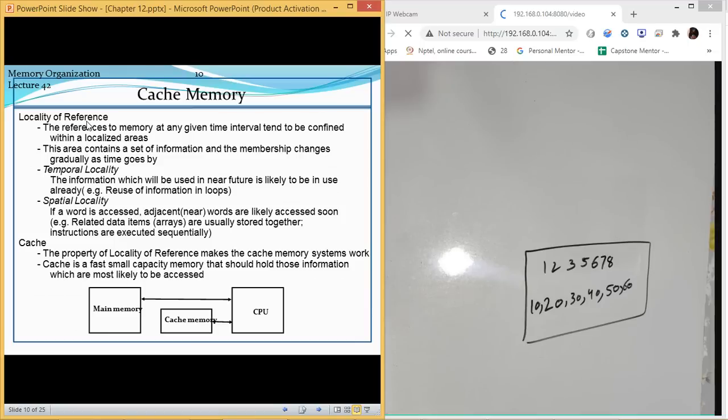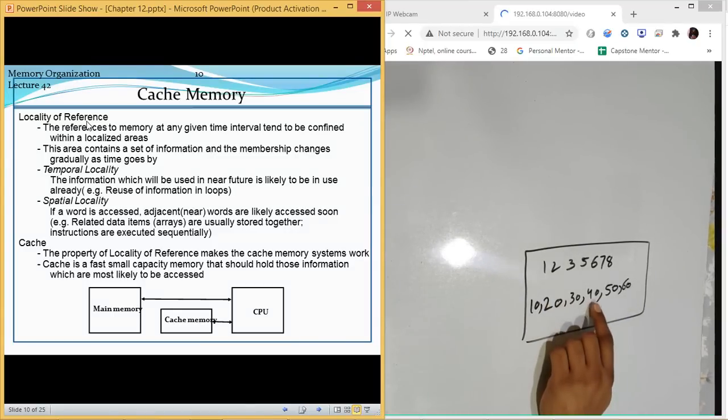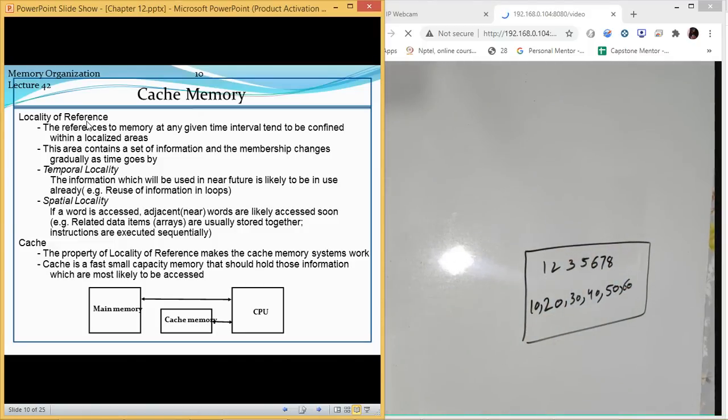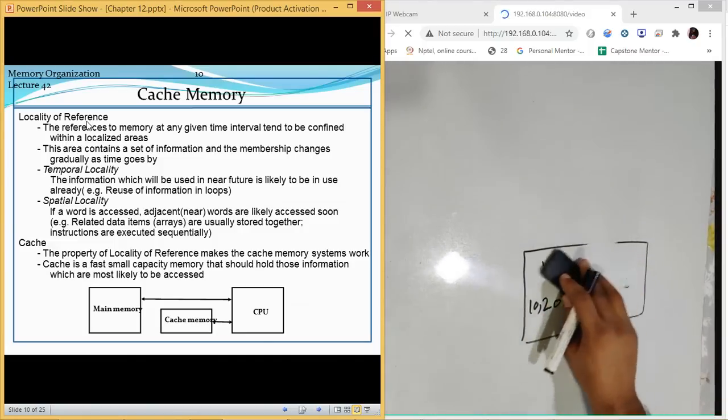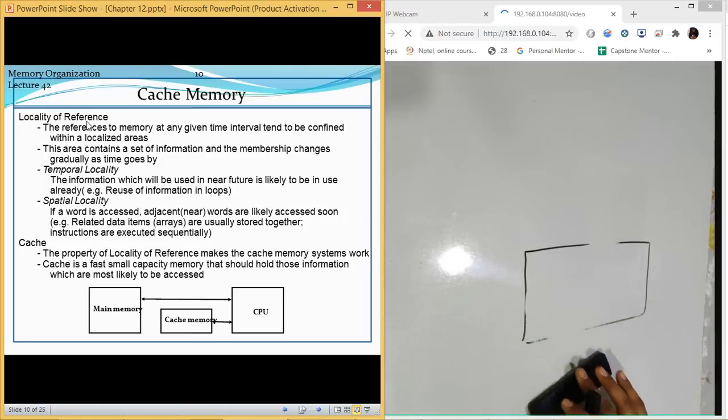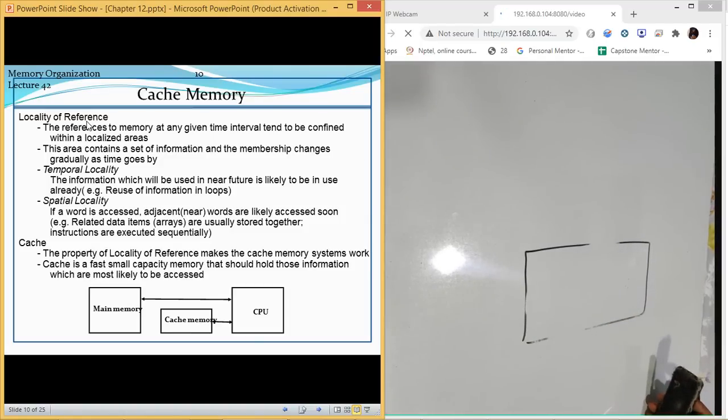Most of the data which we are going to access is near the data which we are already executing. If I am executing 40, the next data would be nearby. If we are executing a program and we have address 300, then the next possible addresses we can ask for can be 301, 302, 303 if it is a sequential program. That is what we have: locality of reference.